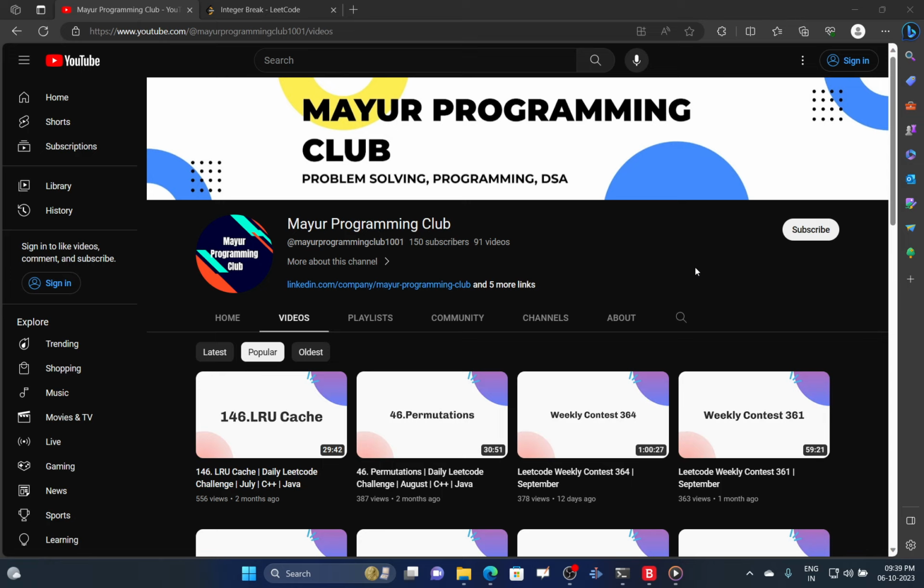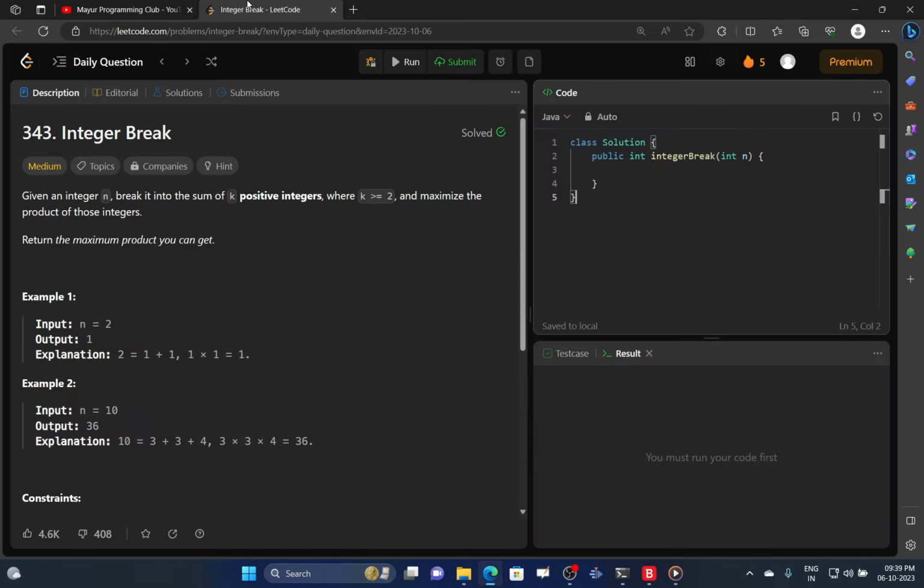Today we will be solving another daily Leetcode challenge, and the challenge name is integer break. So you are given an integer n, you have to break it into a sum of k positive integers where k should be greater than or equal to 2. So at least you should break it into a sum of two positive integers, and you have to maximize the product of those integers.